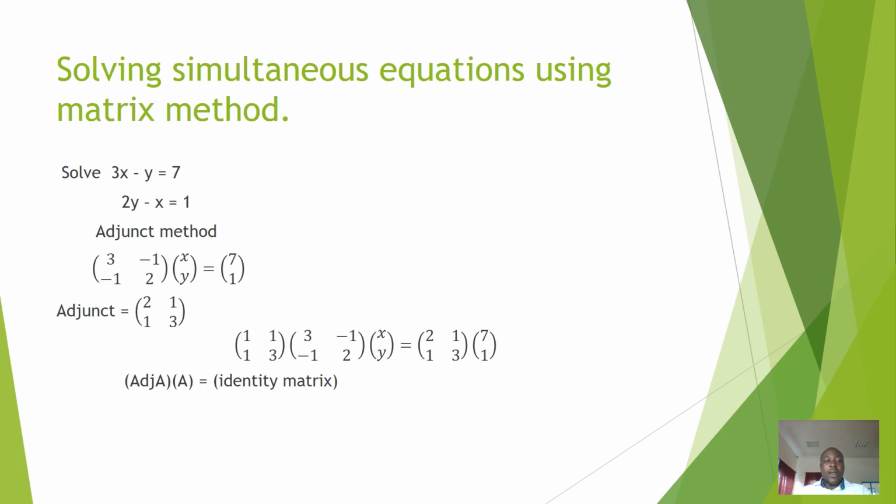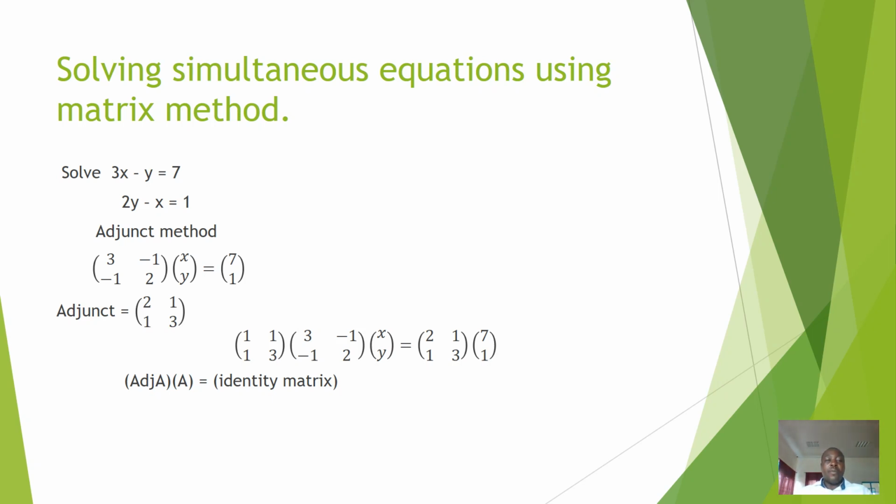In equation 1, x has coefficient 3 and y has coefficient -1. The figure before the unknown is what we are referring to as a coefficient. In equation 2, y has coefficient 2 and x has coefficient -1.